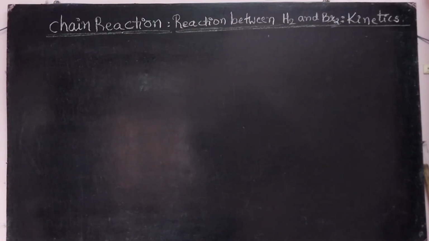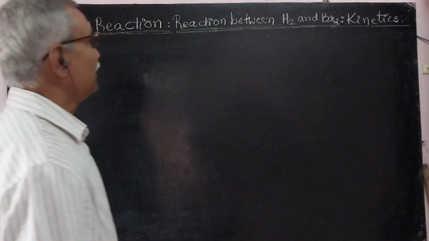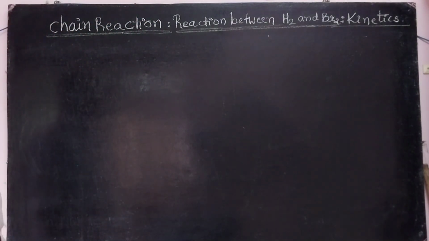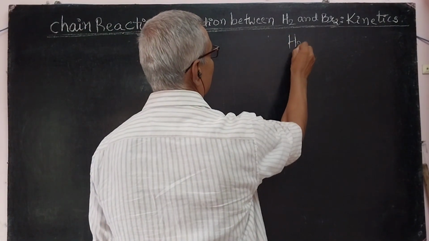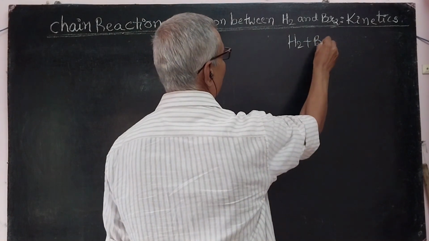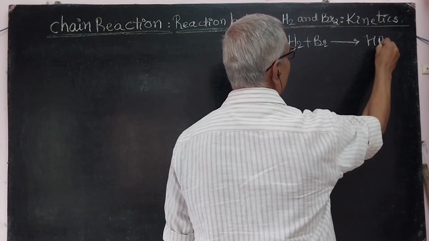Now let us study the kinetics of a chain reaction by taking the example of the reaction between hydrogen and bromine. Hydrogen reacts with bromine to give hydrogen bromide.